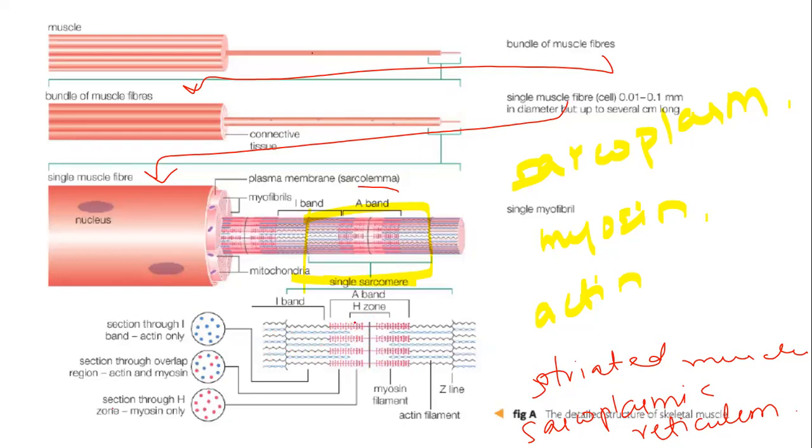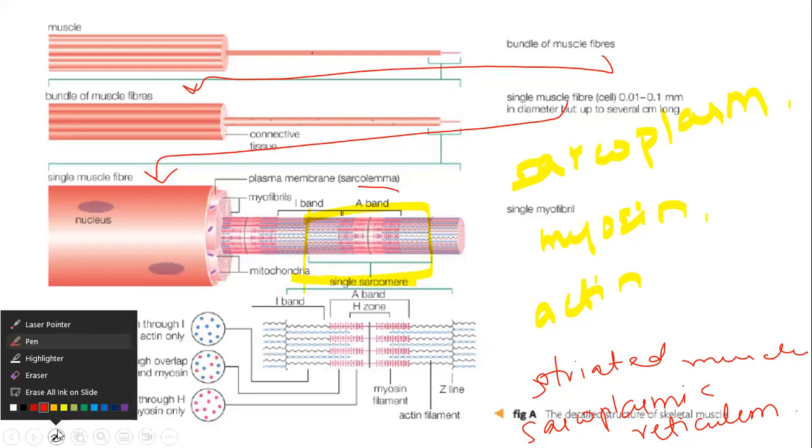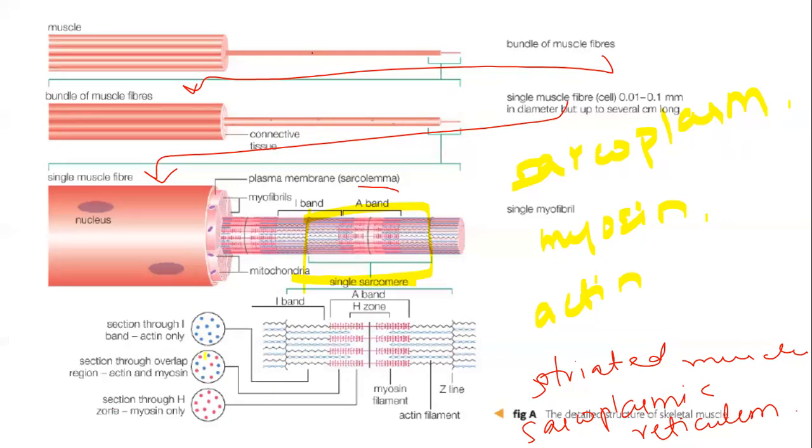Now, what happens is that we have areas of overlap. So we have different areas of overlapping, right? For example, that particular area where I only have the actin filaments, my muscle is going to look lighter, right?